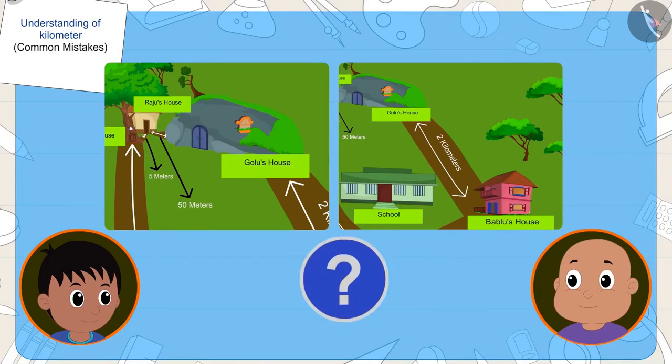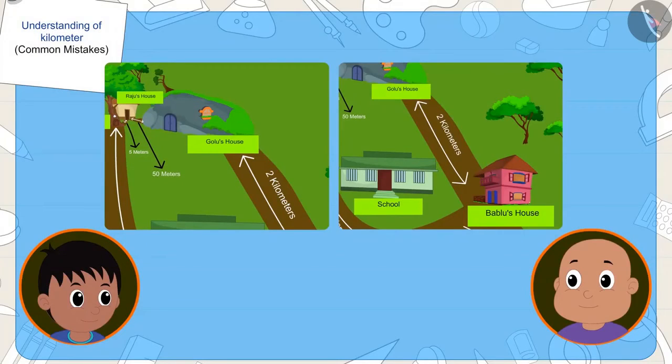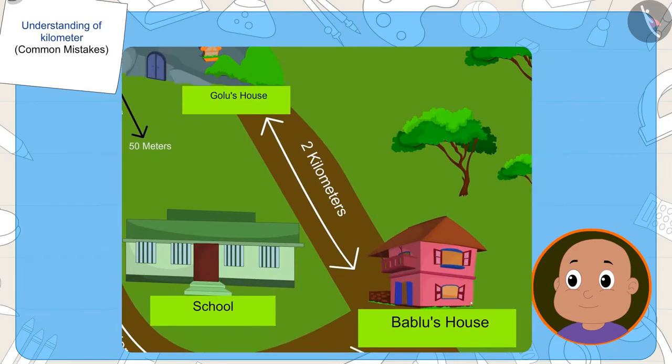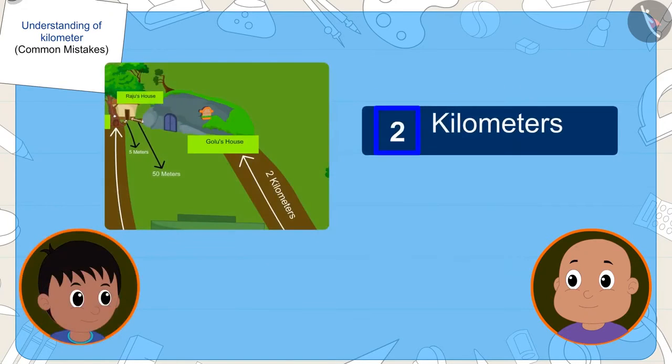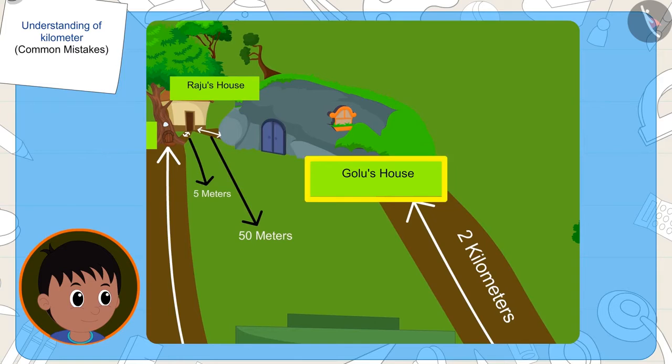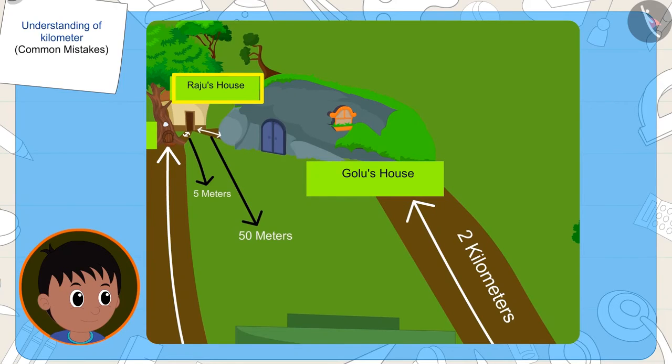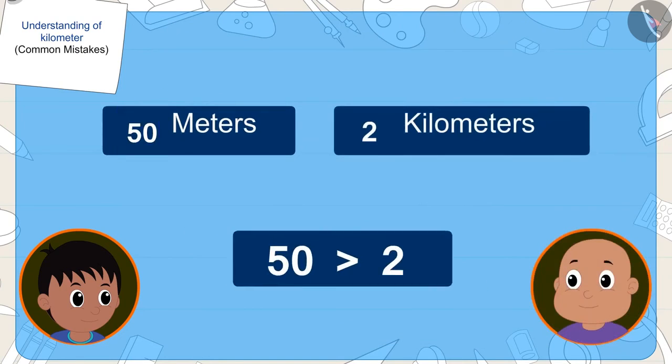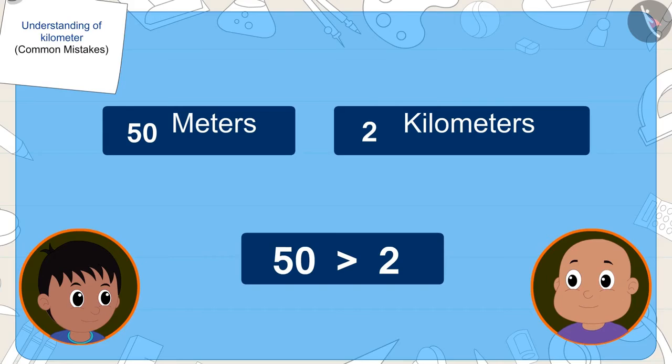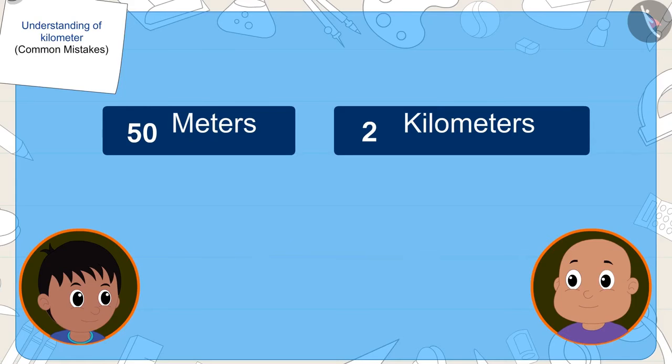Kids, what do you think? Is Bablu's point correct this time? Yes, Bablu is wrong again. This time, the number in the distance from Golu's house to Bablu's house, 2, is lesser than the number in the distance from Golu's house to Raju's house, that is 50.